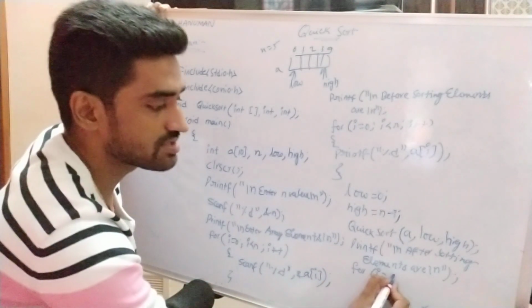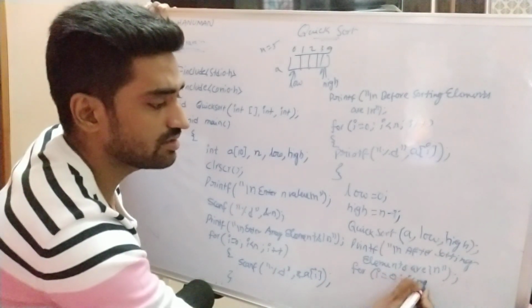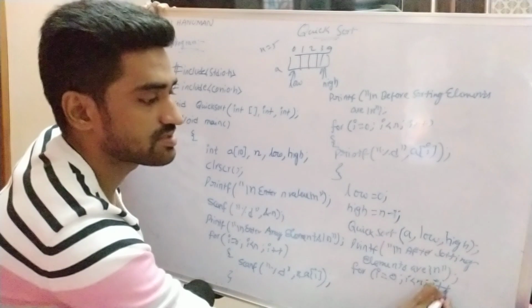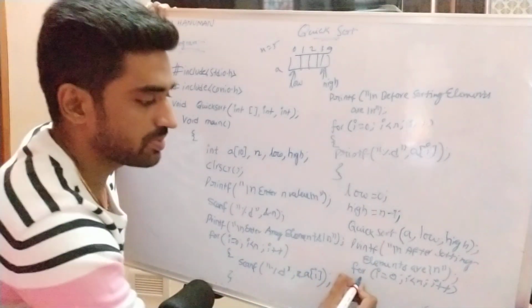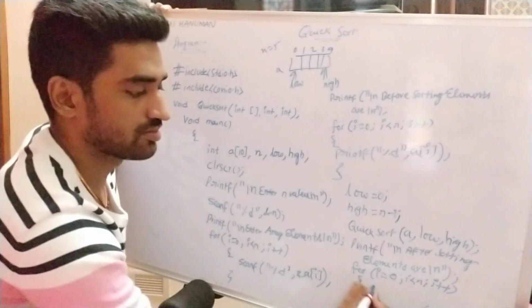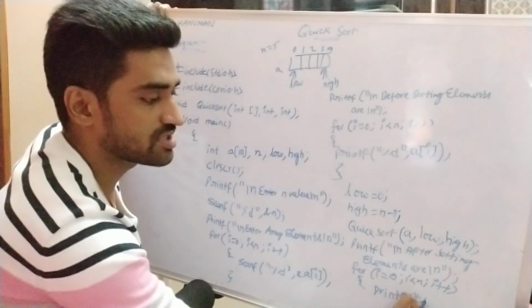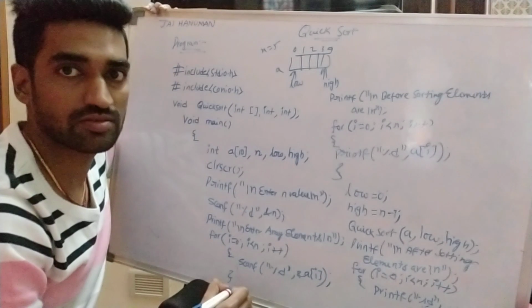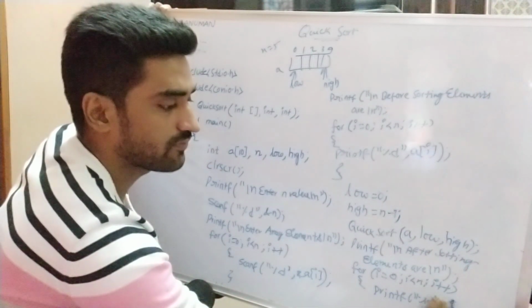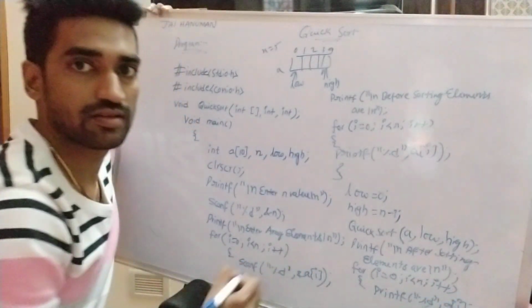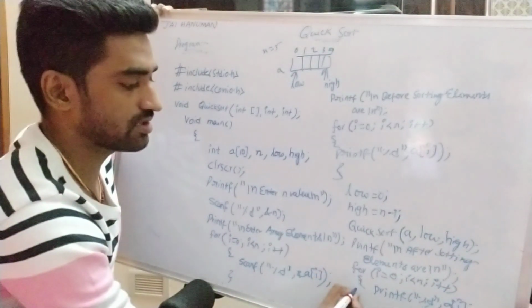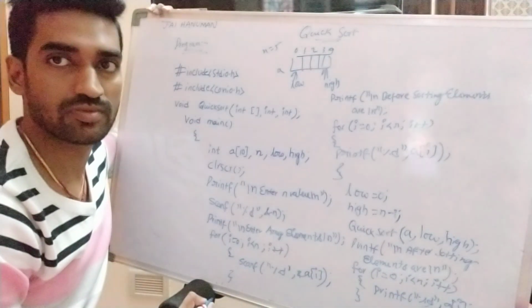For i equal to 0, i less than n, i plus plus, we are printing all the elements of the sorted array. So %d of i. Then we are closing this loop, right?